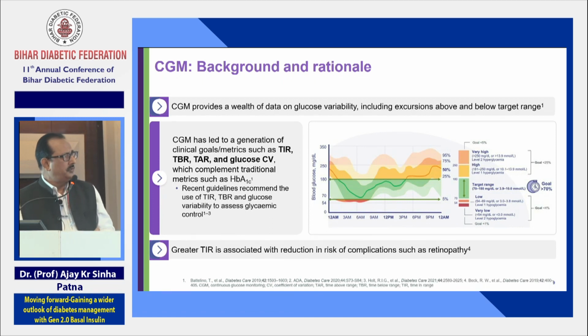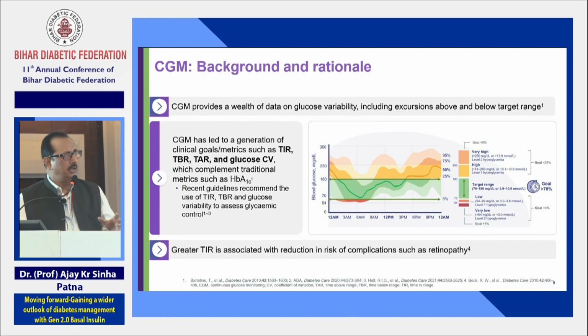CGM provides a wealth of data on glucose variability, including excursions above and below target range, and that's why we have come to know the terms TIR, TBR (time below range), which is important to know about hypoglycemia, and TAR (time above range), to know how many times the patient's sugar went above the normal level.